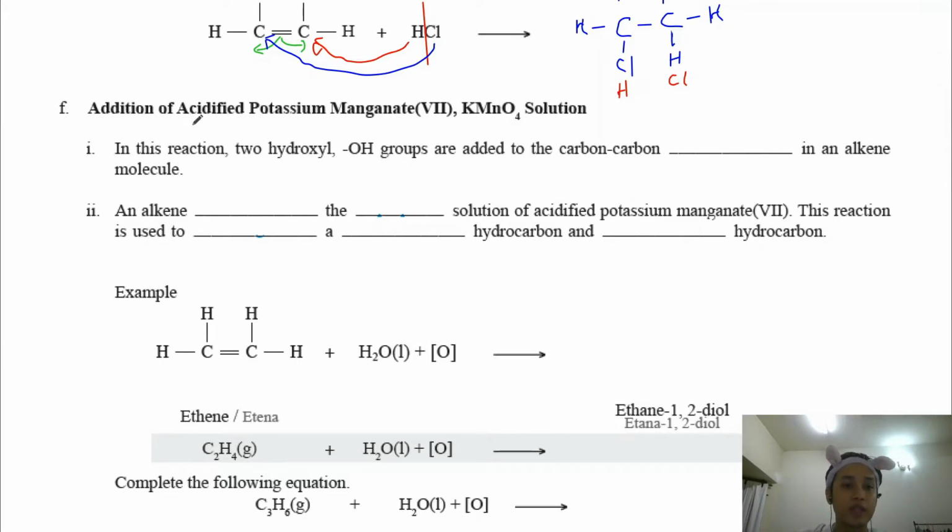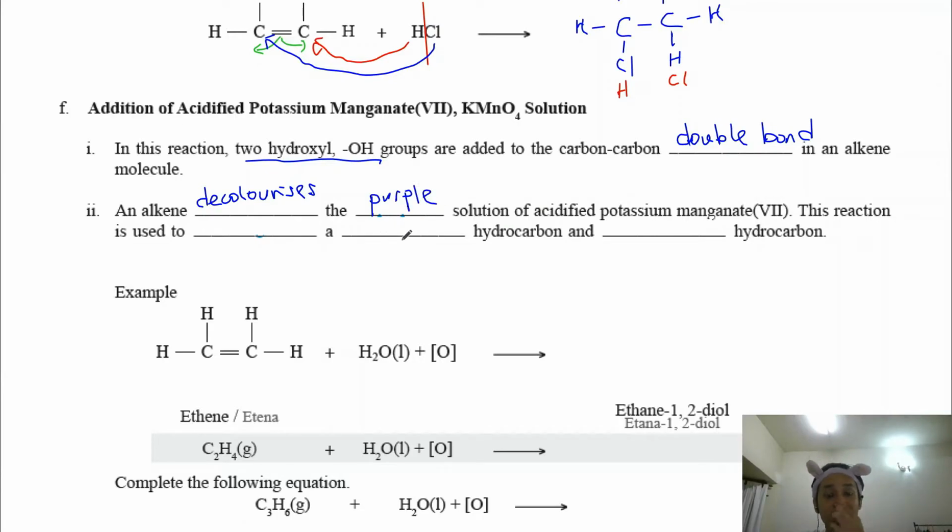With the addition of potassium manganate, you are going to add in two hydroxyl groups in the double bond of an alkene. This one is the observation. You need to know all the observations for the bromine and also the potassium permanganate. Potassium permanganate, KMnO4, is purple in color.